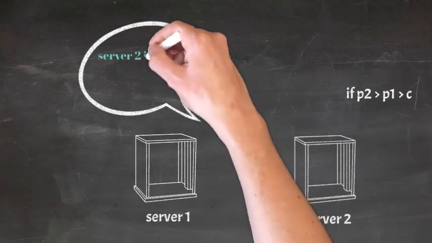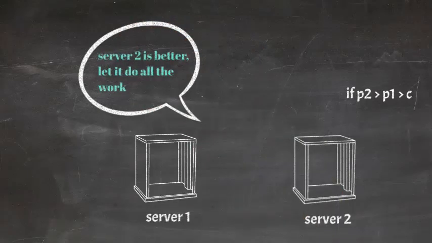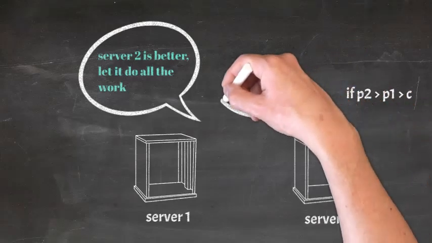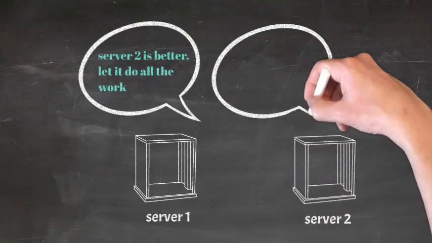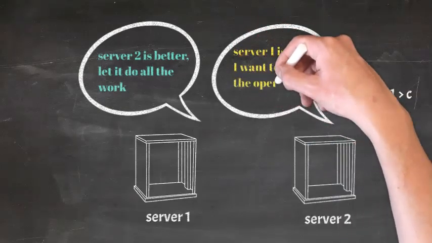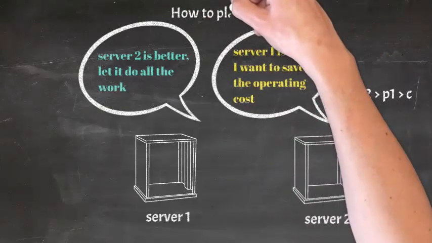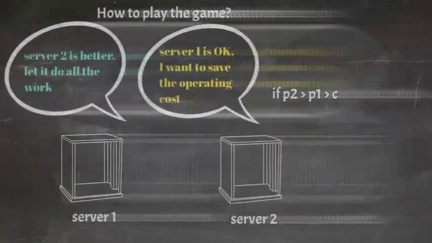But you look at server 2, you're thinking, he's better than me. Why not let him do the work and I just take the free ride? At the same time, server 2 might think the same. Although server 1 is not as good as me, he's not that bad. Let him take the job and I will just relax.